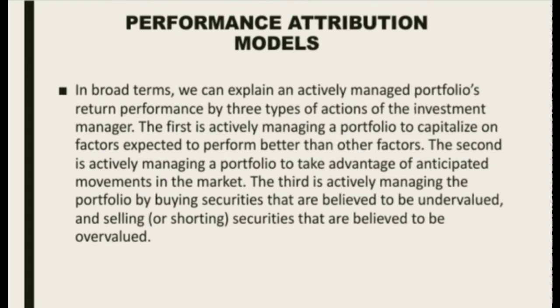For example, the manager of a common stock portfolio can increase the portfolio's beta when the market is expected to increase and decrease it when the market is expected to decline. The third is actively managing the portfolio by buying securities that are believed to be undervalued and selling or shorting securities that are believed to be overvalued.